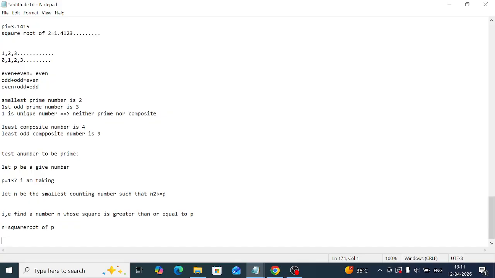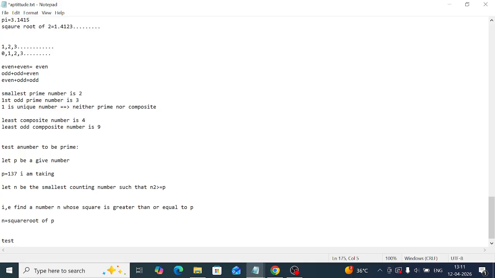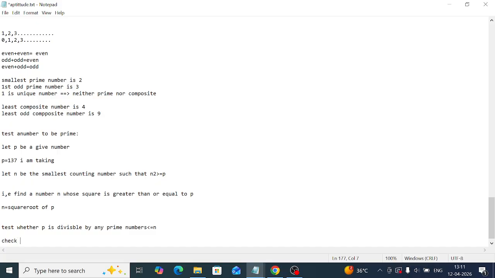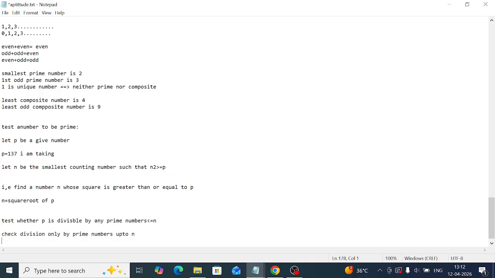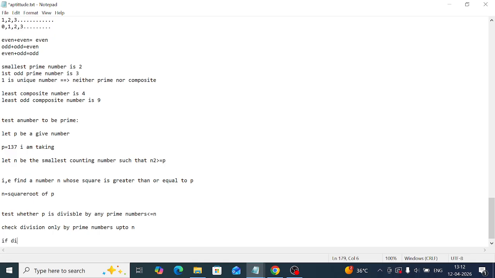Next rule: test whether P is divisible by any prime numbers less than or equal to N. This means check division only by prime numbers up to N. If divisible, then not prime.